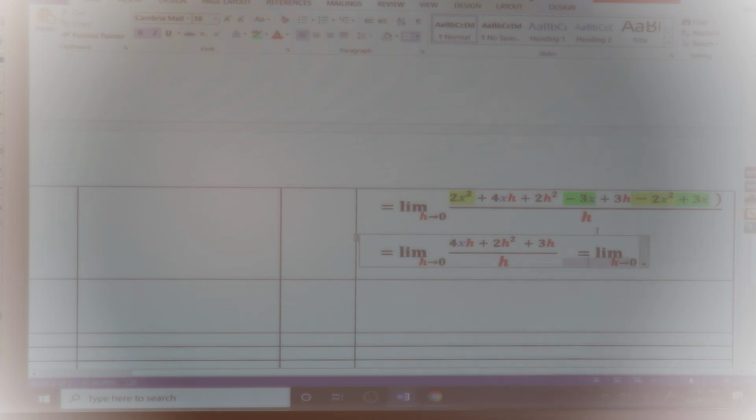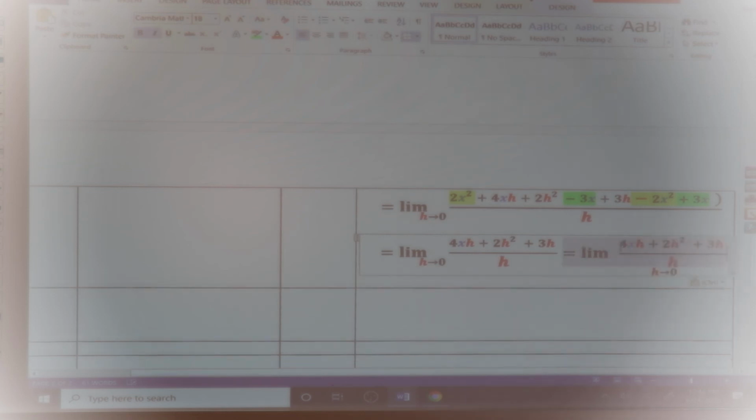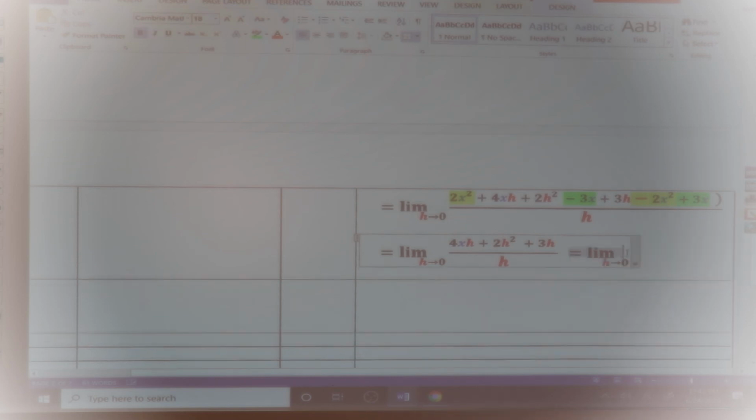I want to take the h only. Parentheses here, and keep the h as a common factor.